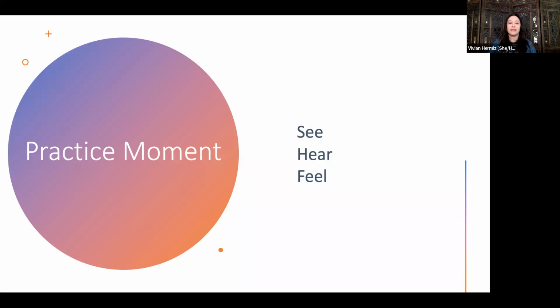Now from here, I'd like you to close your eyes if it's comfortable, or just really soften your gaze by slightly opening them if it's not comfortable to close them all the way. And just begin to notice what is there.